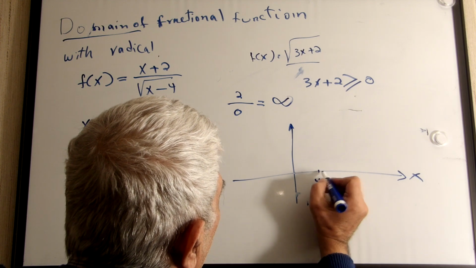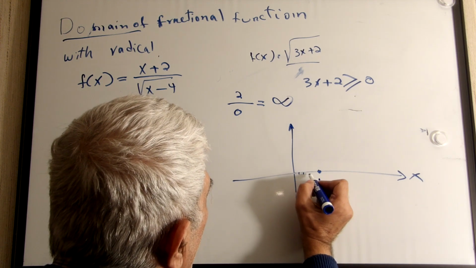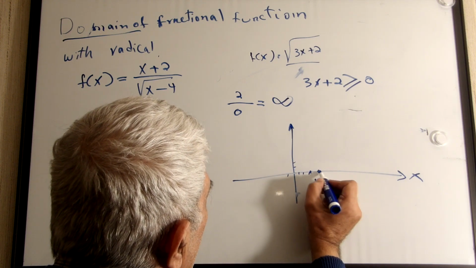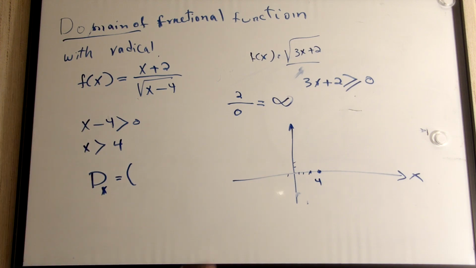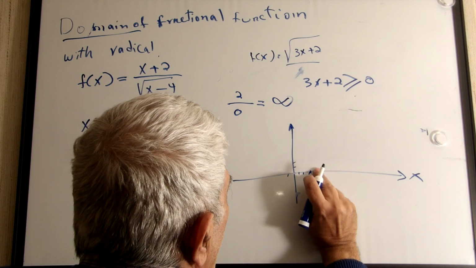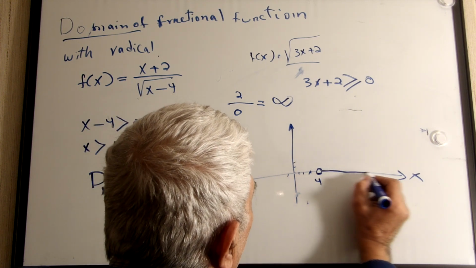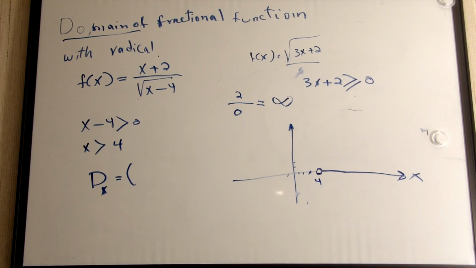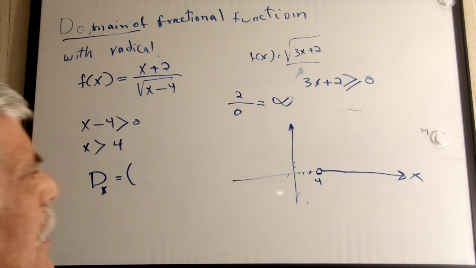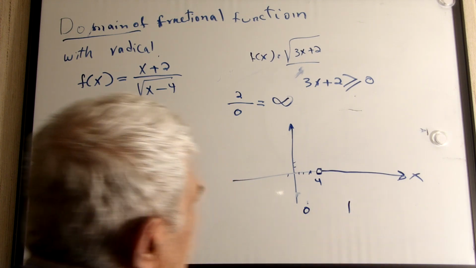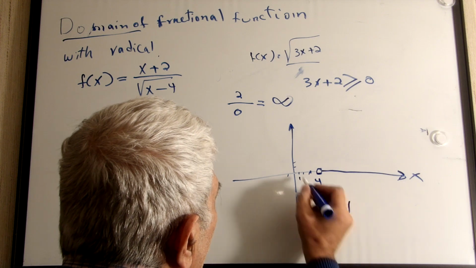Like this is 4, then 1, 2, 3, 4, or here are negative numbers. It means any number greater than 4, not 4. It could be billions of numbers. Even from 0 to 1 you can have billions of numbers. Here is 1.